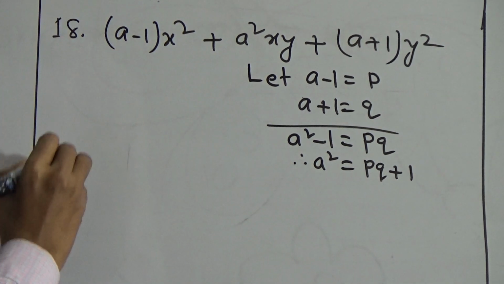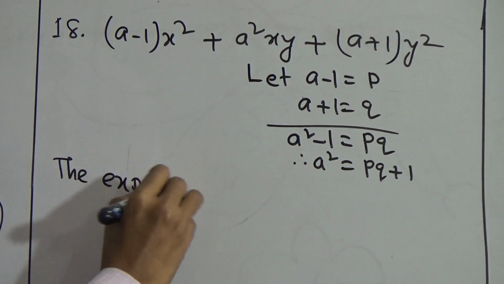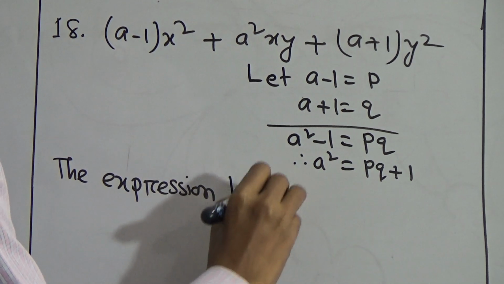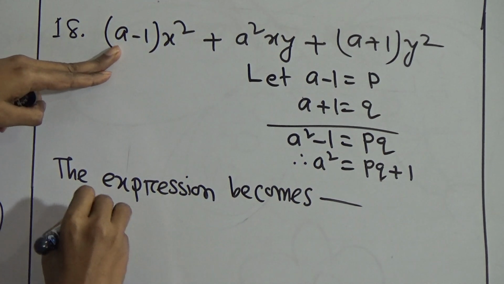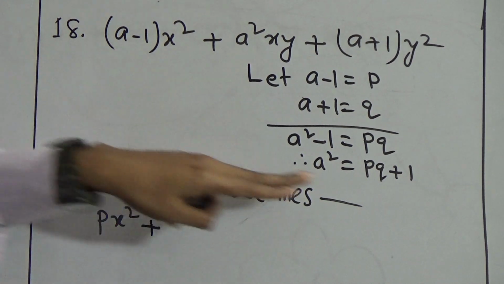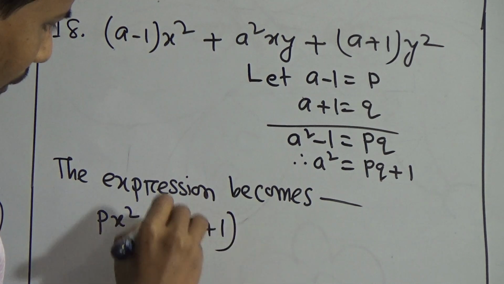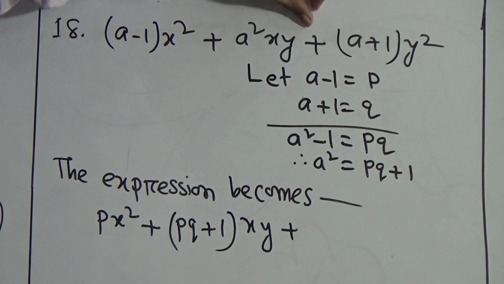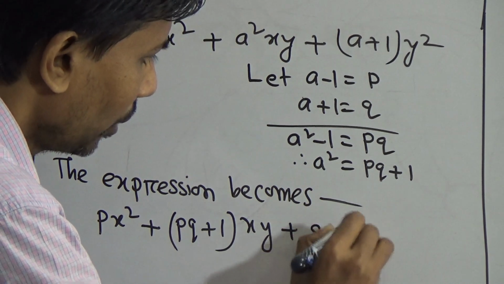Now write the expression. It becomes, look, a minus 1 equal to p, so write p x square, then a square equal to pq plus 1, then xy, plus a plus 1 equal to q, here q, then y square.